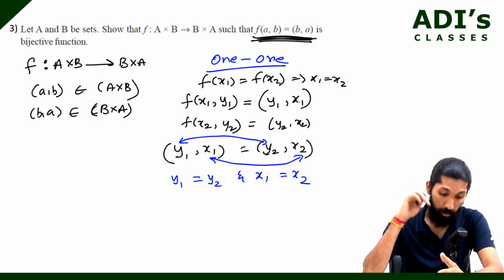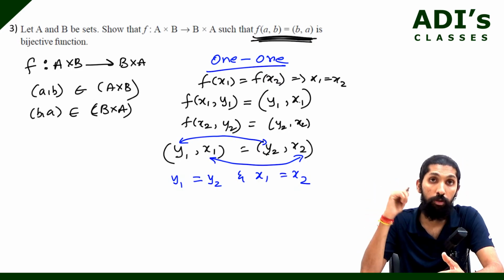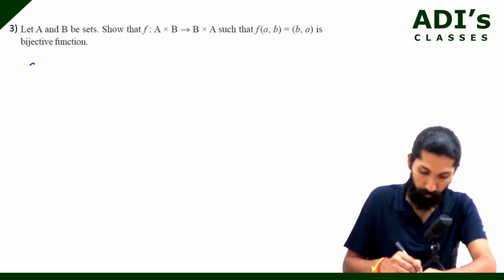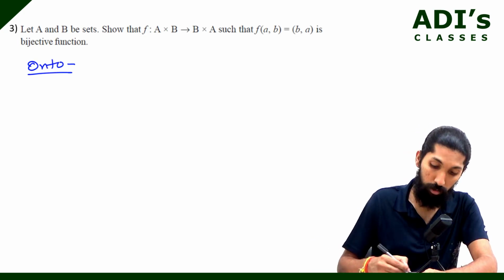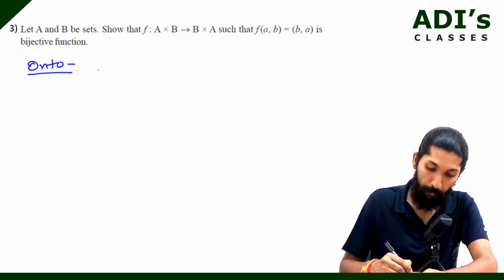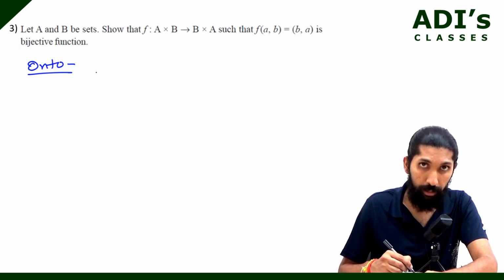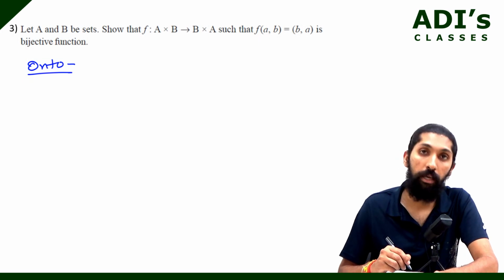Now we have to look into the onto part, okay? See, onto is what we get, that for all (b, a), there has to be (a, b), correct?